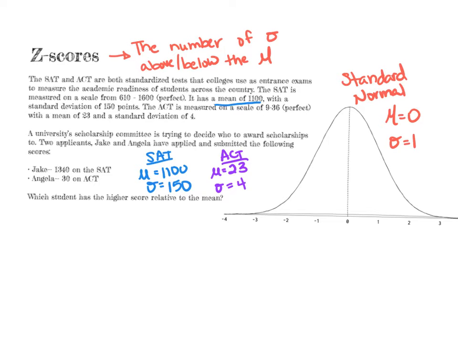We tried to do this in class, and I showed you, we drew a normal curve and labeled it with Jake's information. On Jake's curve, we know our mean is at 1100, and we spread the standard deviations out by 150.